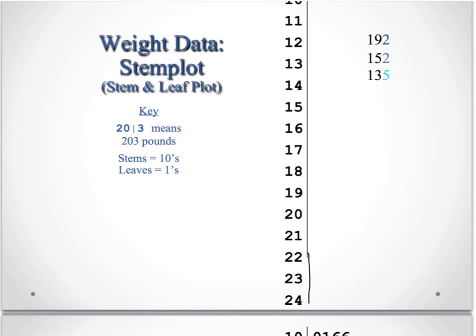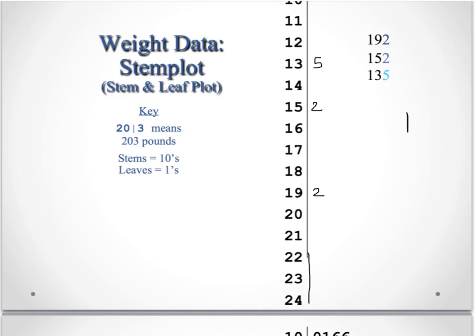We'll take the 19, because the first part of that number is 19, and we'll write a 2 after the 19. 152, we go up to the 15 and we put a 2 there. 135, we go up to the 13 and we put a 5 there.